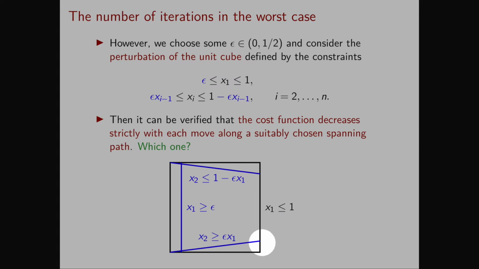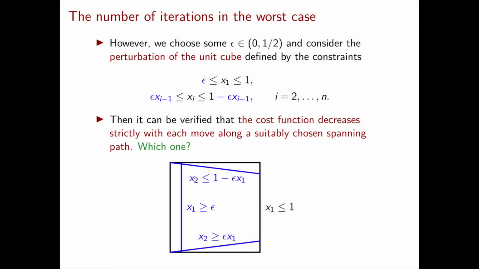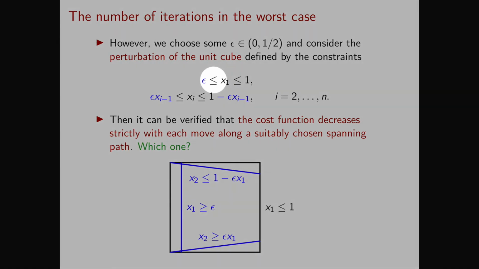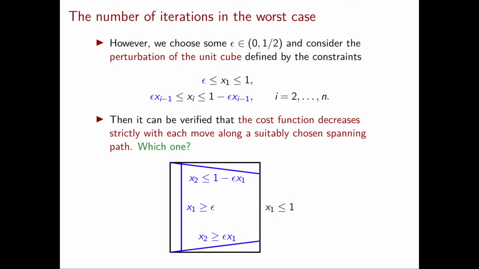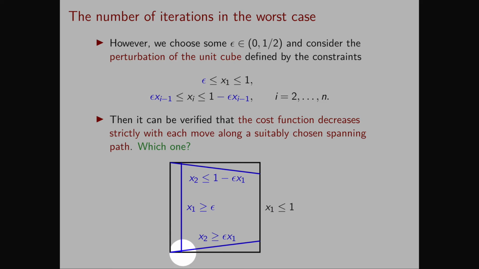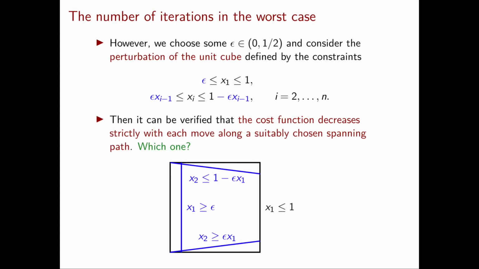So this is the vertical inequality over here that also used to belong to the original cube. Then we have the inequality x1 greater than or equal to epsilon. This is also a vertical inequality, and it's just a translation of the old inequality x1 greater than or equal to 0. It's only moved slightly to the right.